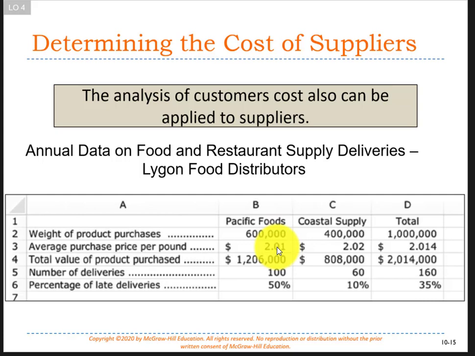In a real setting, 1 cent is probably not worth worrying about. And so the total value is different. We order more from Pacific Foods, and we have more deliveries. But they have 50% late deliveries, while Coastal Supply only has 10%. So you're starting to get a feel that maybe that late delivery is causing us to have more cost. And so let's see if we can come up with a way to put some dollar amount to that cost.